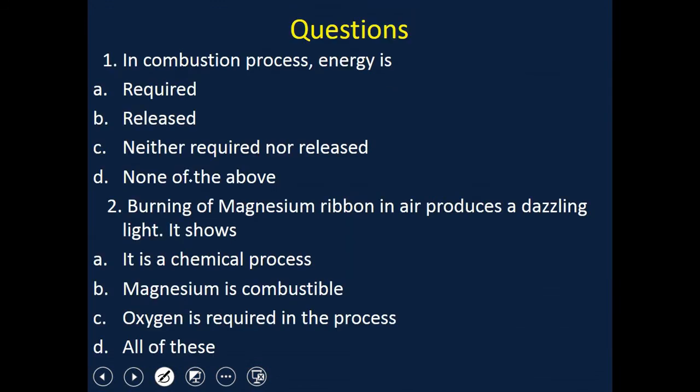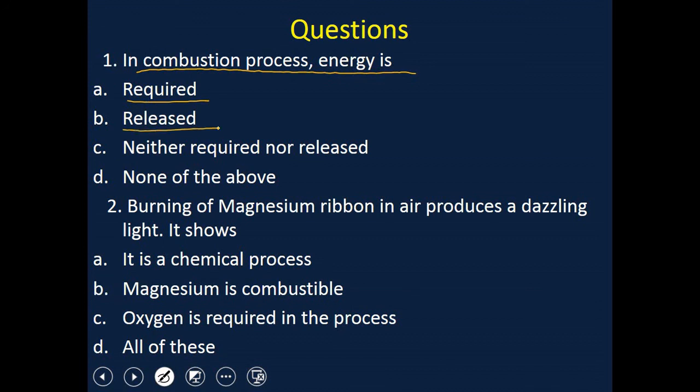So children, I hope all these points are very much clear to you. On the basis of these points, I would like to discuss some questions with you. Our question is: in the combustion process, energy is, what do you think? Four options are given. A, energy is required. B, energy is released.